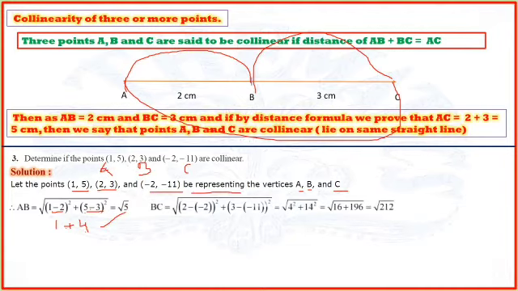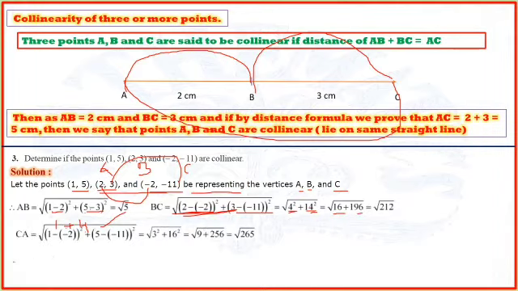The distance BC, B and C is here. 2 minus -2, this one, and then 3 minus -11. So 2 plus 2 is 4, the square of 4; 3 plus 11 is 14, the square of 14. The square of 4 is 16, and the square of 14 is 196, which is 212. Let us go for the third, CA.